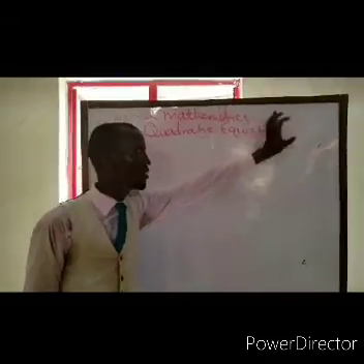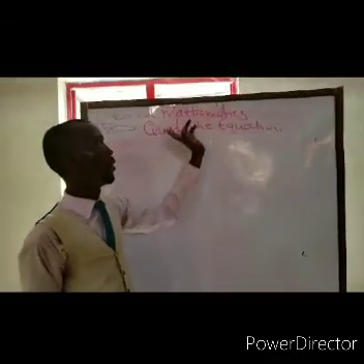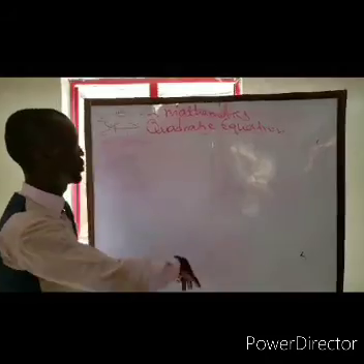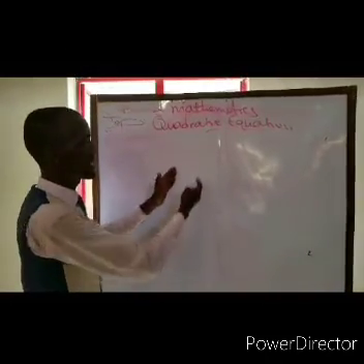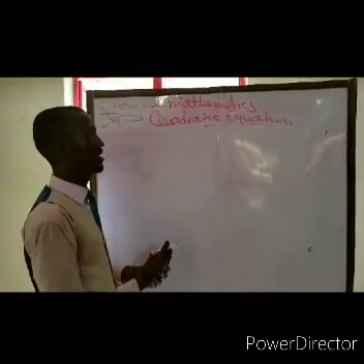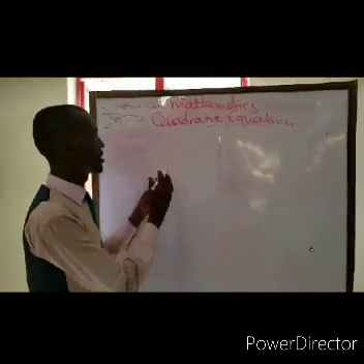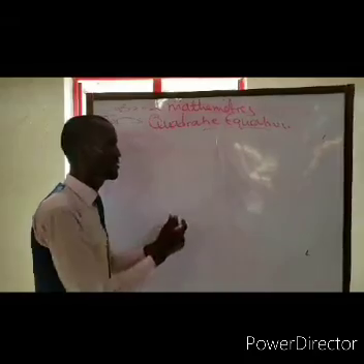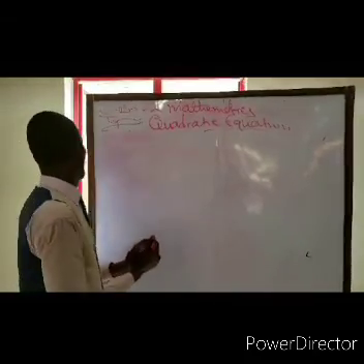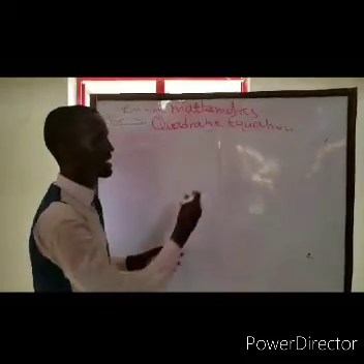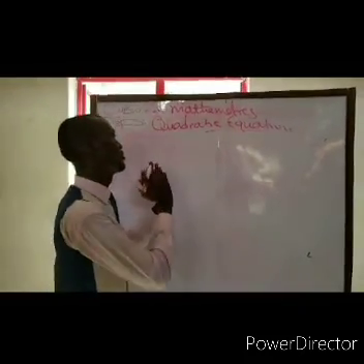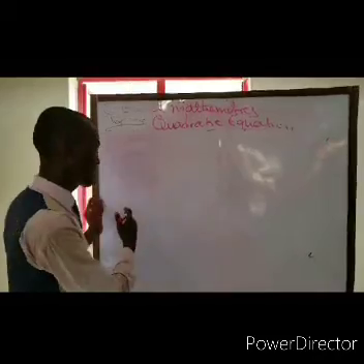I gave you the name of the scientist, the propounder of the word quadratic equation, and also I expatiated on the types of the quadratic equation we have. I said we have the standard form, the factors form, and the vertex form, which I quoted last lesson. So today we're going to look at the negative part of it.